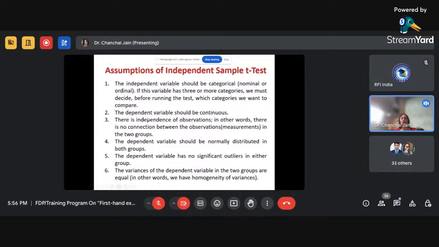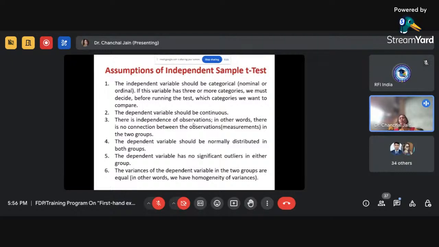I think I already told you this. The third is that there is independence of observations. I think we already discussed this: if we are taking 2 unrelated groups, that way we can achieve this assumption. And the second way is that we need to collect data from one person only once. Only that way can we make sure that this assumption is met, right?